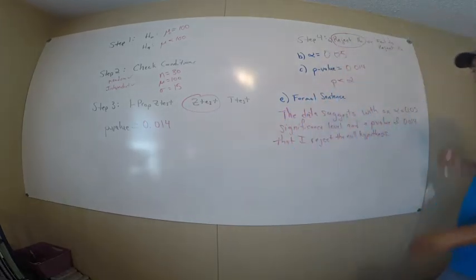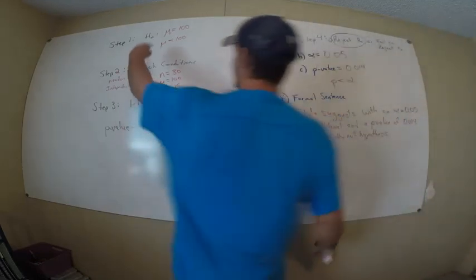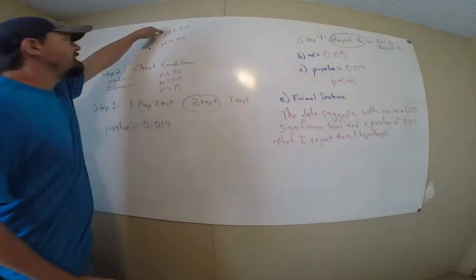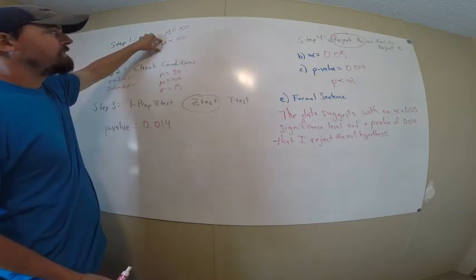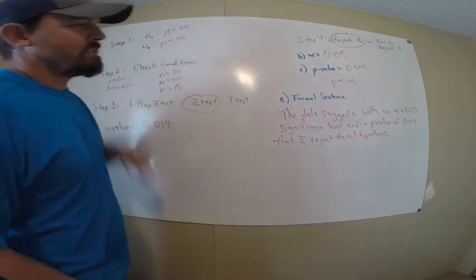Okay, but you also need to relate it to your actual question. So if I reject the null hypothesis here, that means that I don't think this is right for this particular set of students. I think that this particular set of students really is below average intelligence.